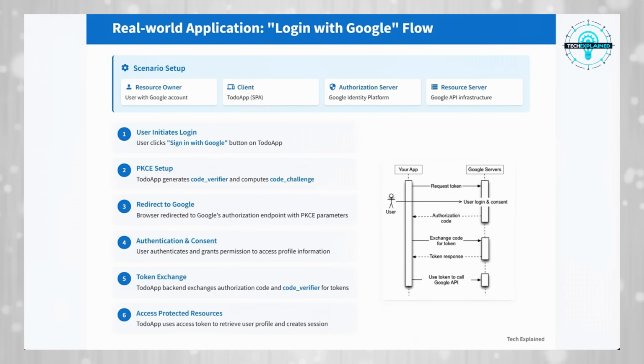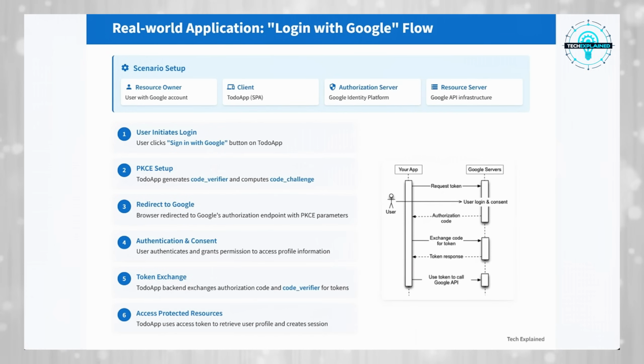Before redirecting you, the To-Do app's client-side JavaScript code generates a random code verifier and computes the corresponding code challenge by hashing it and then base64 URL encoding the result. To-Do app then constructs an authorization URL and redirects your browser to Google's authorization endpoint.